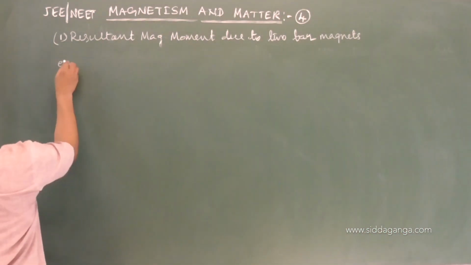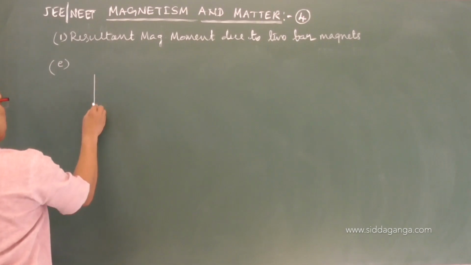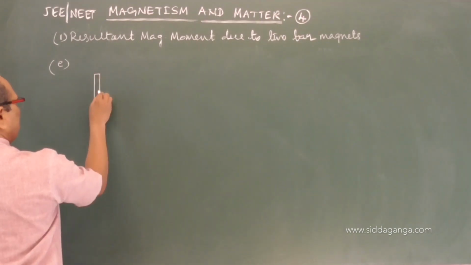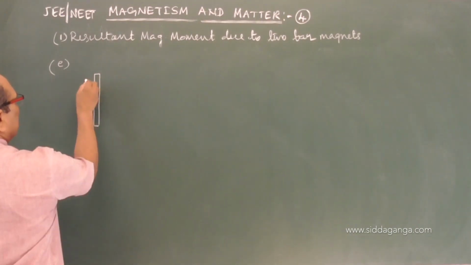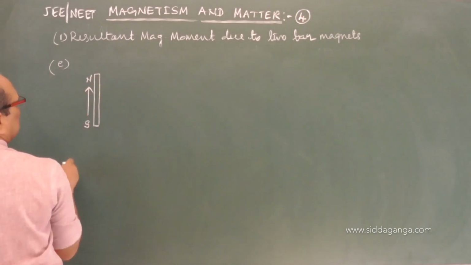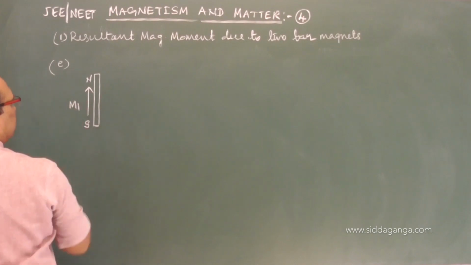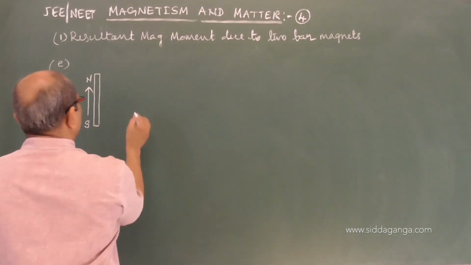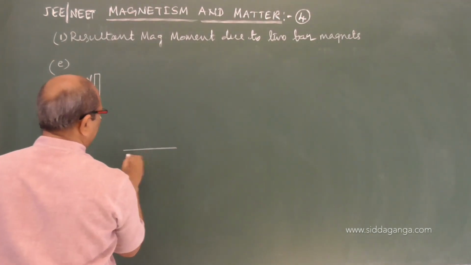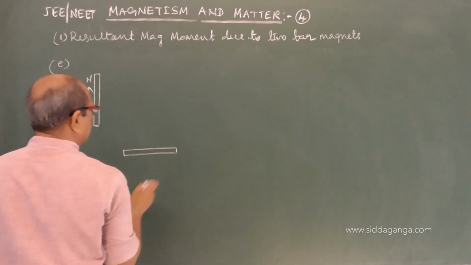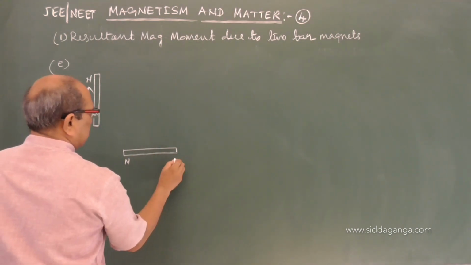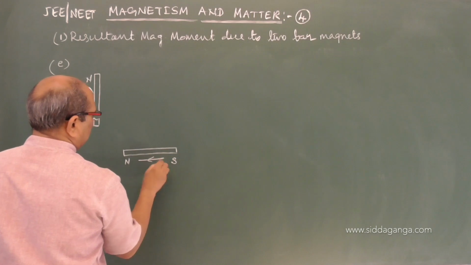Now I am taking a case. What is the resultant moment and the magnetic field? In case of the moments, if it is M1 and another I place like this, if it is of moment M2.